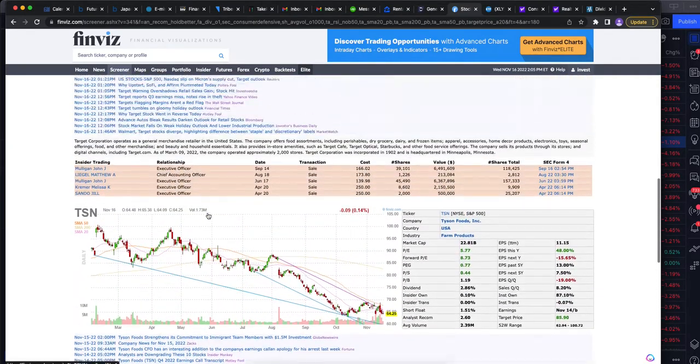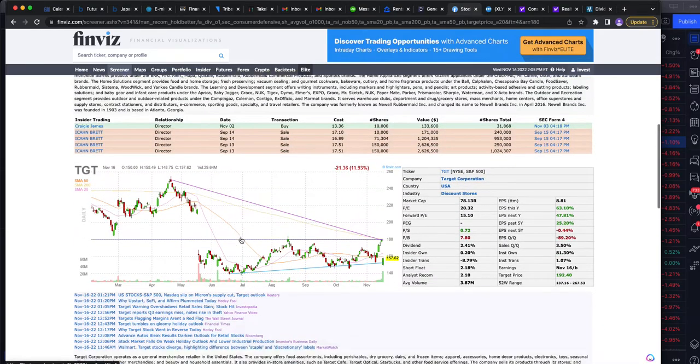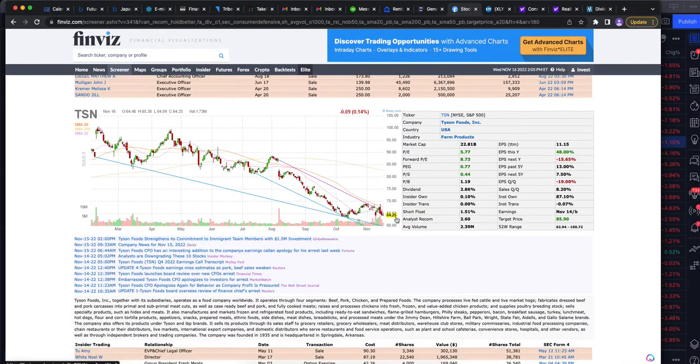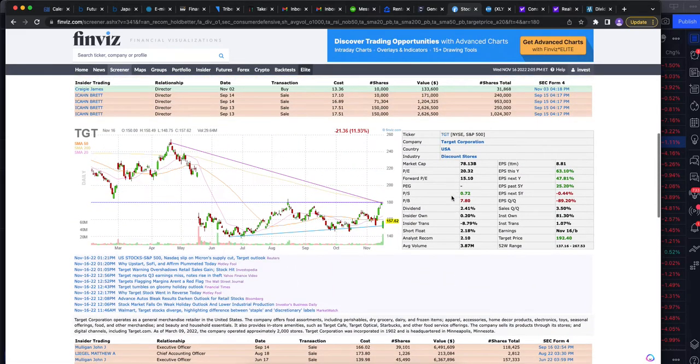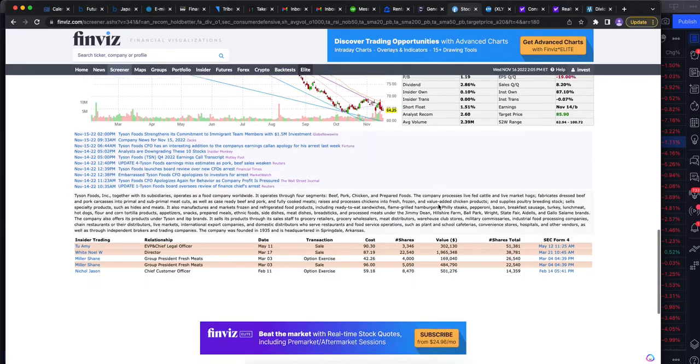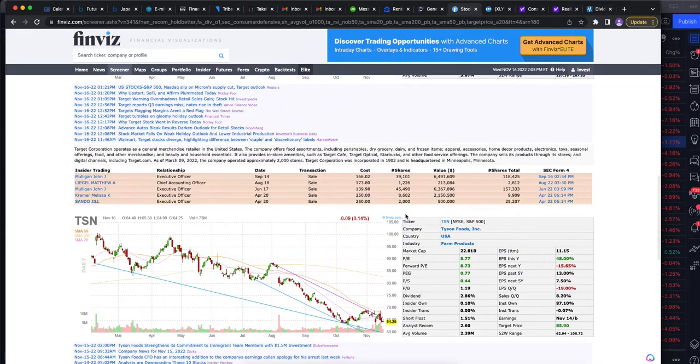So you could have Tyson Foods and Target in your portfolio right now and be making over 2% return on your money instead of going in for an ETF that's going to give you 0.84%. That's just me. I'm trying to always make my money work, but get the most bang for my buck that I possibly can. That's what I'm about. You feel what I'm saying?